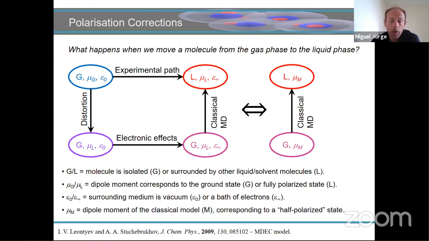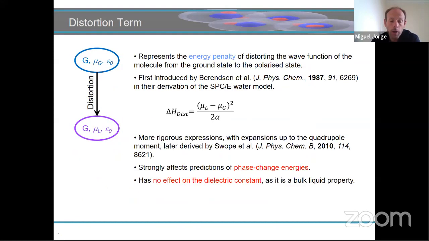So drilling down into this in more detail, you can calculate this distortion term. This is always a positive energy contribution because you're effectively distorting the wave function of the molecule away from equilibrium. You can calculate it analytically using some approximation. This is a famous Berendsen expression that was used in the development of the SPC/E model.